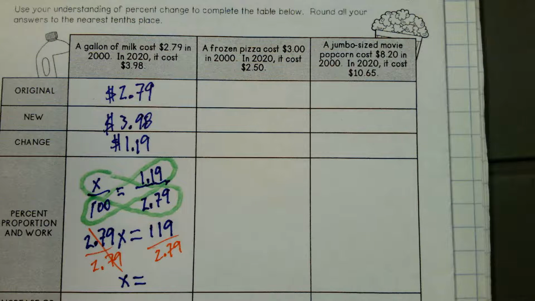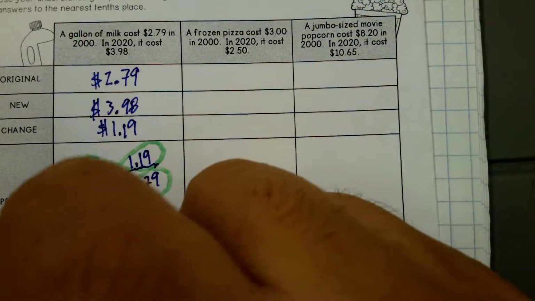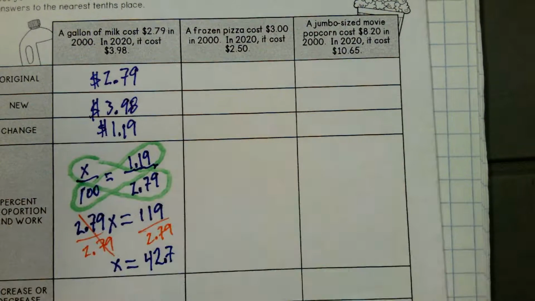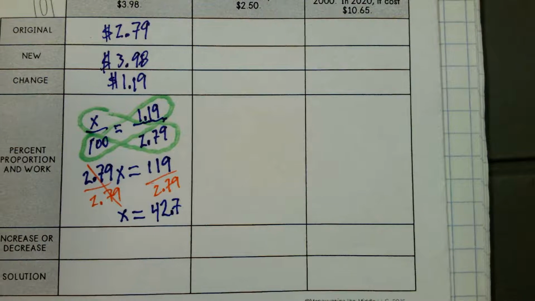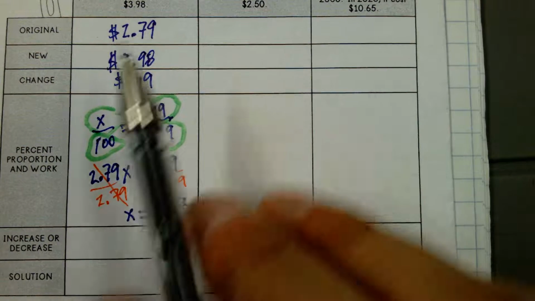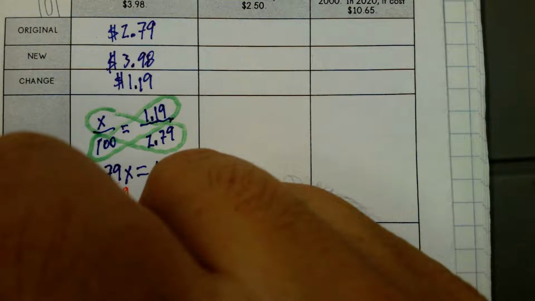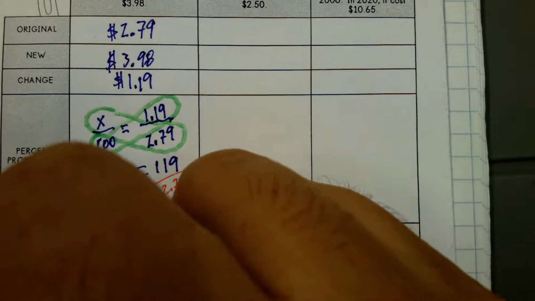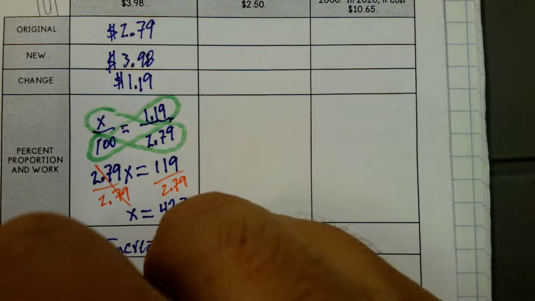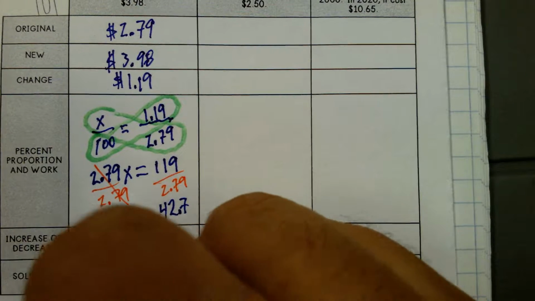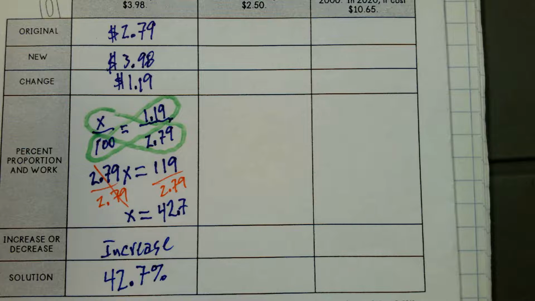Yeah, we're going to round it to the nearest tenth. So 42.7. Was that a percent increase or decrease, would you say? Increase, yeah. We went from 279 to 398, so that's an increase. 42.7%.